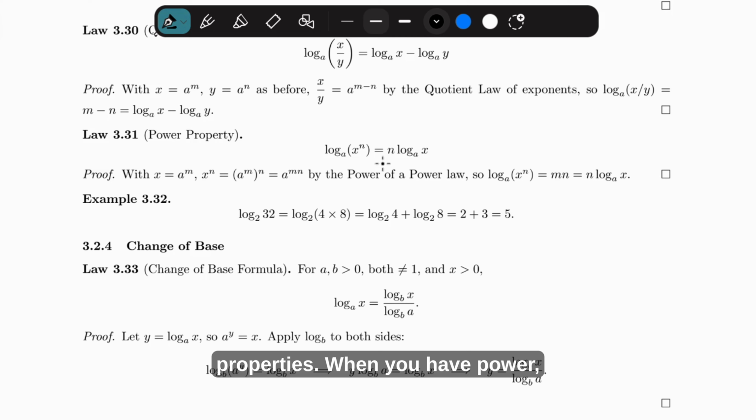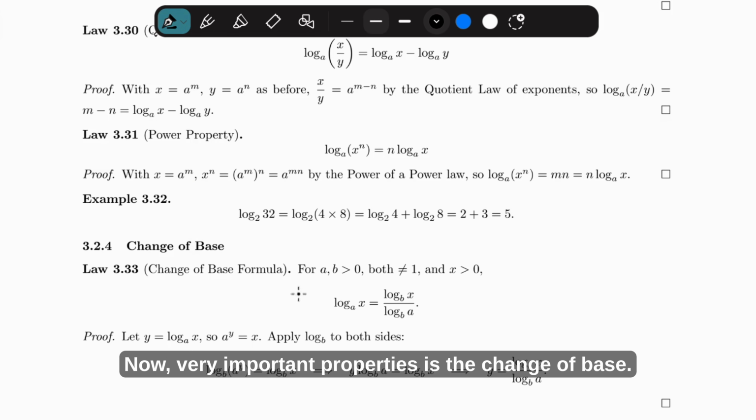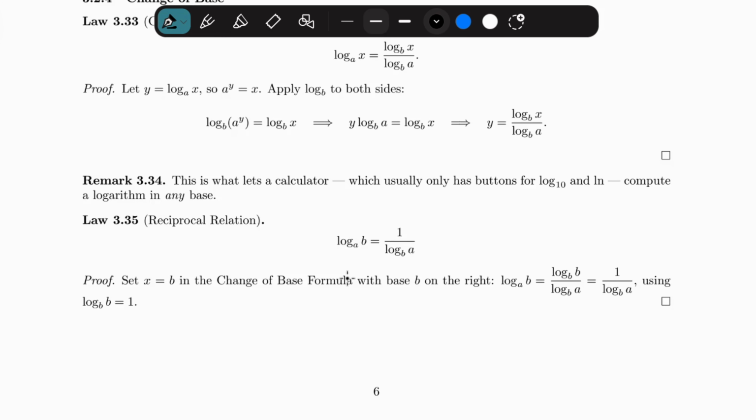Power properties: when you have a power, it jumps to the front as the first thing. These things are too trivial to prove, just try it out. Now a very important property is the change of base.